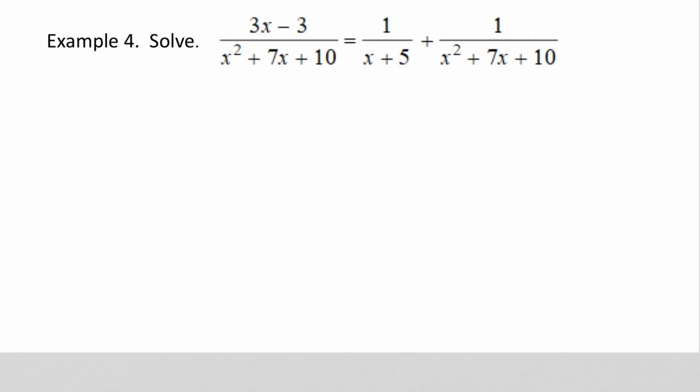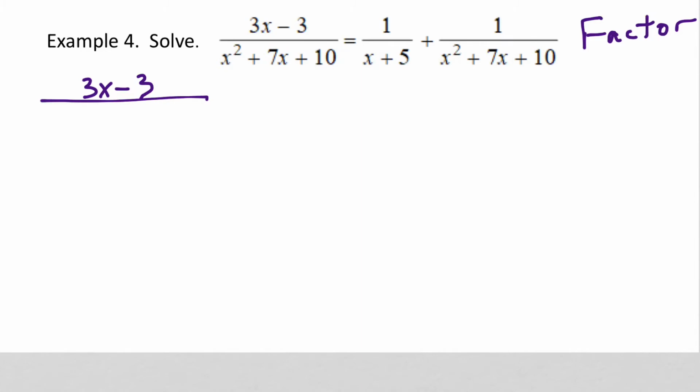Okay, so this problem here is a little bit more complicated. The first thing you want to do is factor the denominators to help you determine what your common denominator should be. So I'm going to say, let's space it out a little. So I've got 3x minus 3.